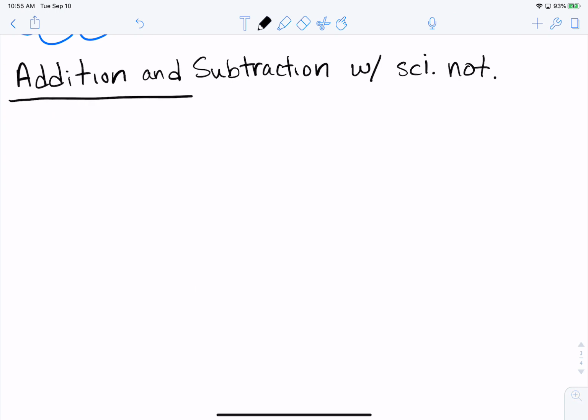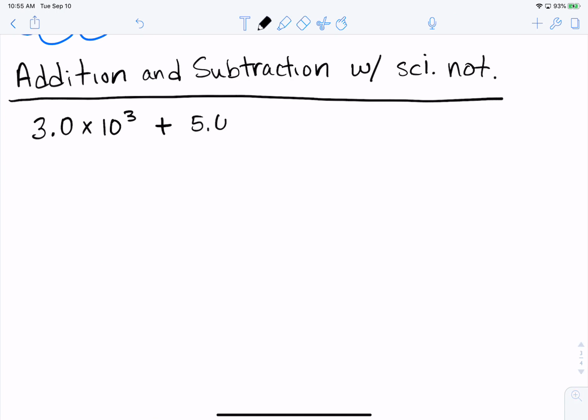You know that w slash means with, right? Okay. So what if I gave you the problem 3.0 times 10 to the third plus 5.0 times 10 to the fifth. And I asked you what that equals. In fact, this is what question 14 was on your homework last night.